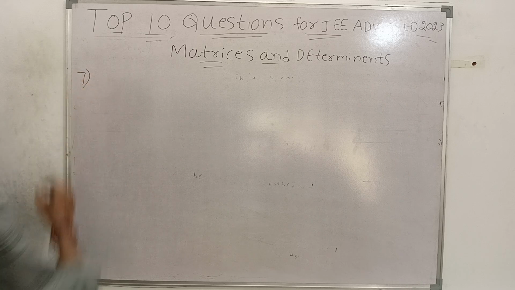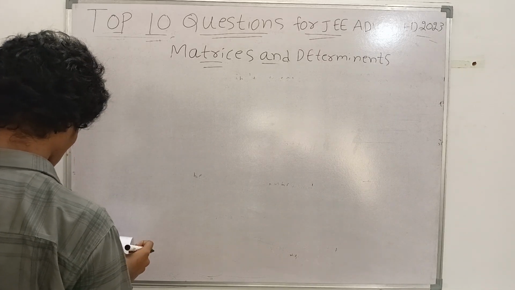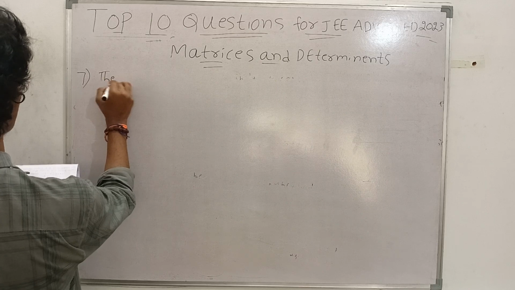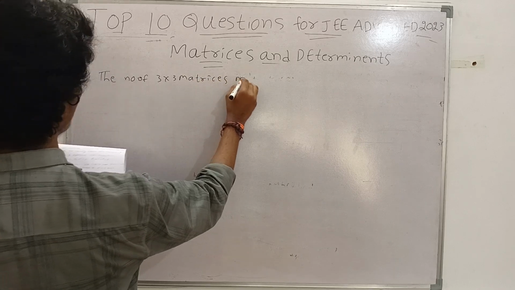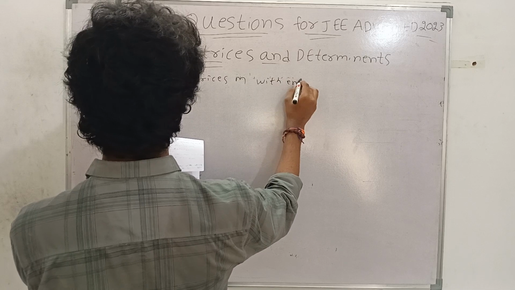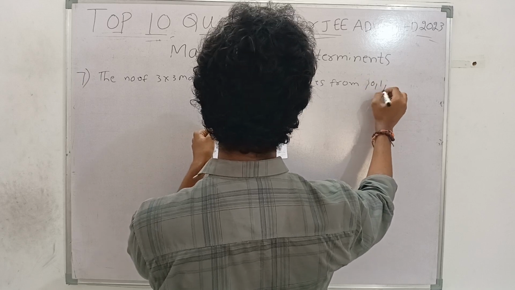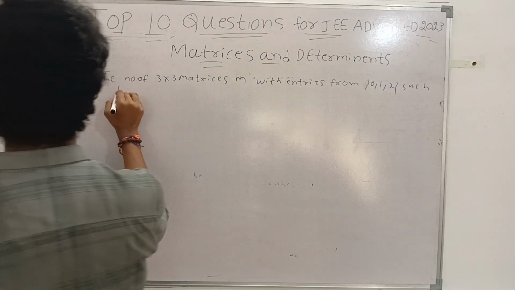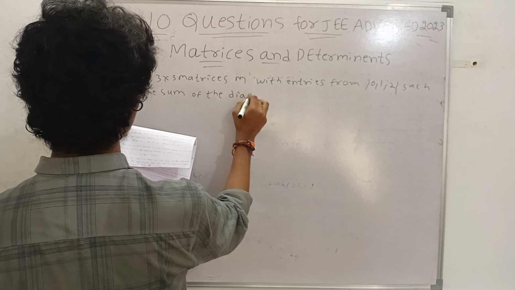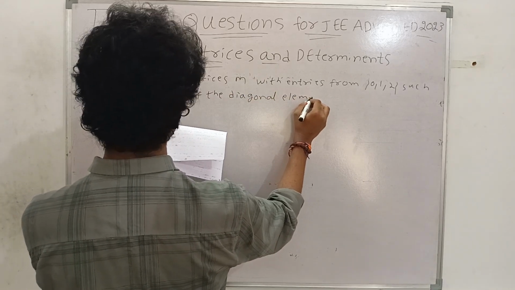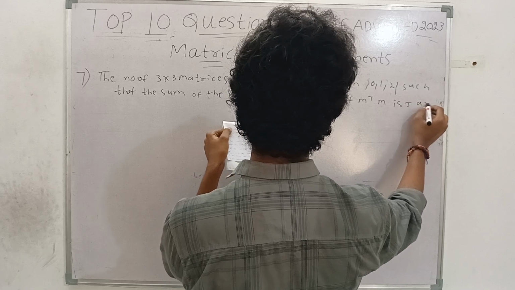Next, seventh question. The number of 3 cross 3 matrices M with entries from 0, 1, 2 such that the sum of the diagonal elements of M transpose into M is 5, and they given options.